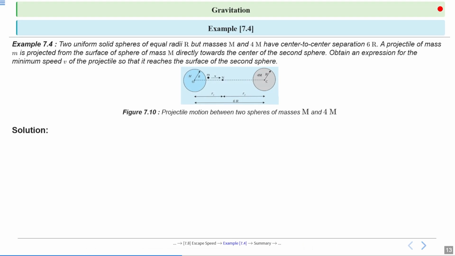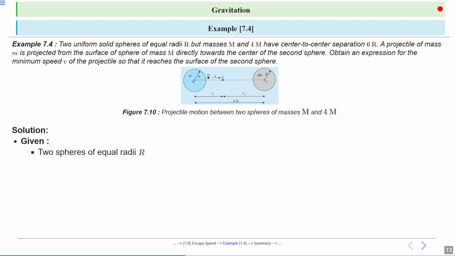So let's see the solution. We have two spheres, both have the same radius. This is important because it simplifies our calculations by allowing us to focus on the mass and distance between these spheres.